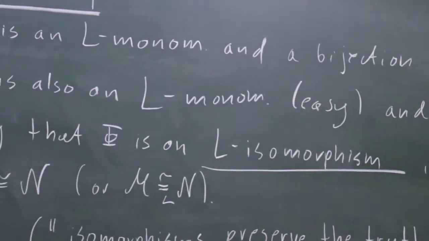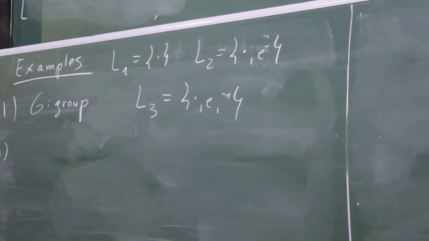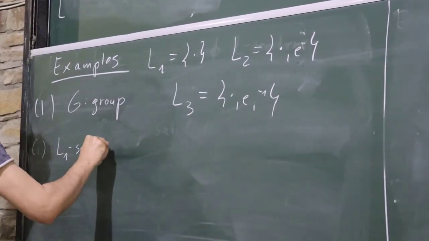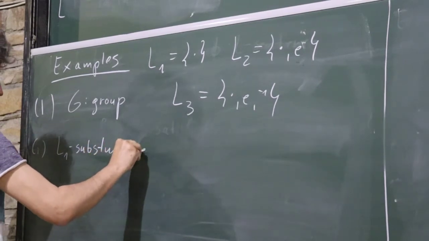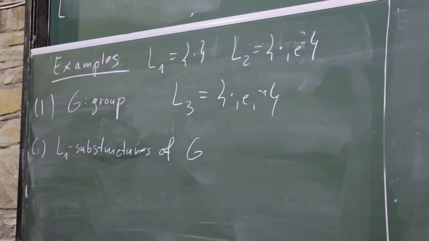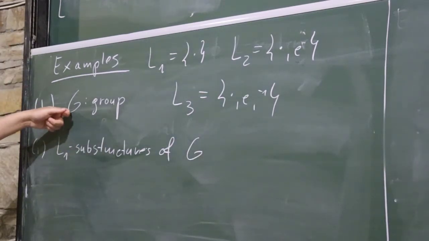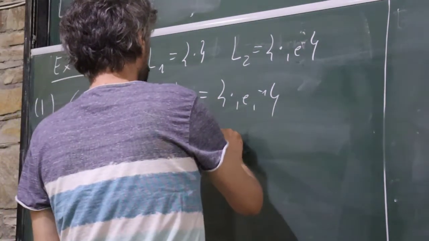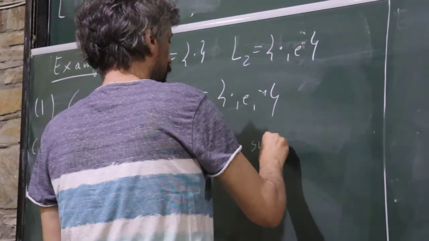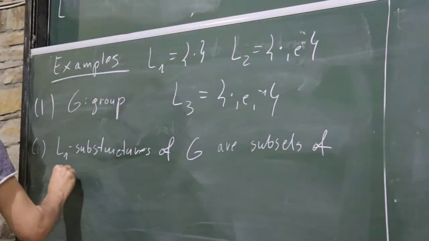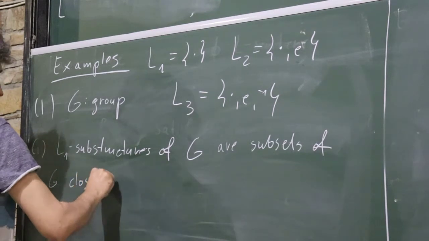So if you care about substructures, so here, L1 substructures of G, and I don't care now, I denote by the same letter G and its universe, are subsets of G closed under multiplication.